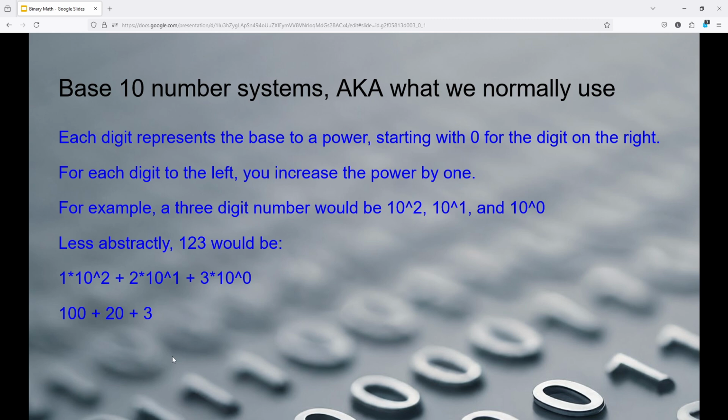Given a slightly less abstract example, take a look at the number 123. If I wanted to convert 123 from base 10 to base 10, I would do it as 1 times 10 to the second, plus 2 times 10 to the first, plus 3 times 10 to the 0, or 100 plus 20 plus 3, or 123.